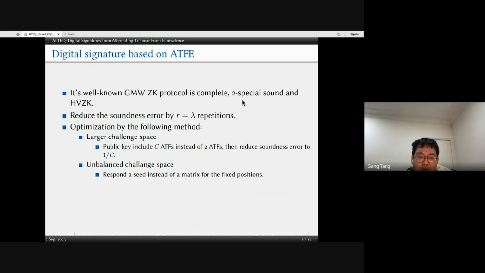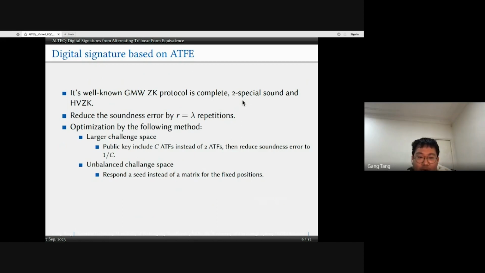Before we apply the Fiat-Shamir transformation, we should of course reduce the soundness error by lambda parallel repetitions. Here we also use two optimizations. The first one is to extend the challenge space, called larger challenge space. With this method, our new public key includes c alternating trilinear forms instead of 2, and hence reduces the soundness error to 1 over c instead of 1 over 2.